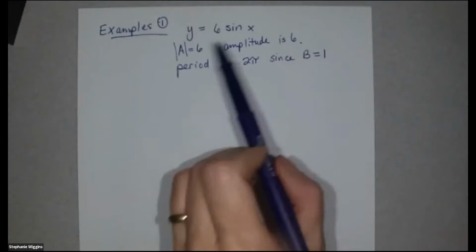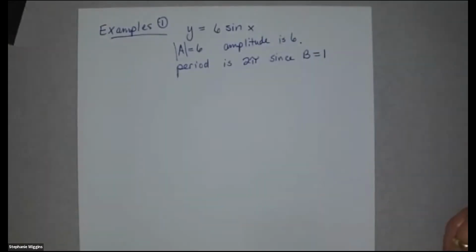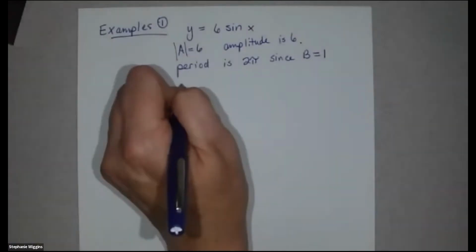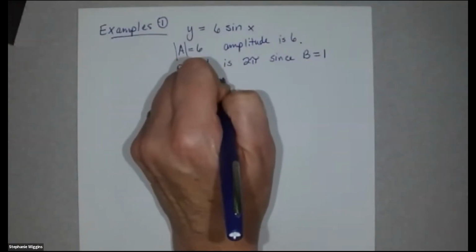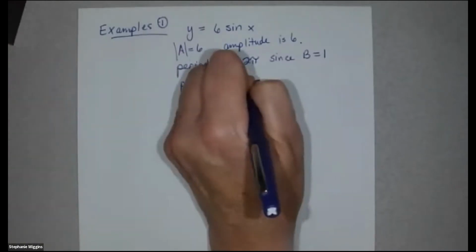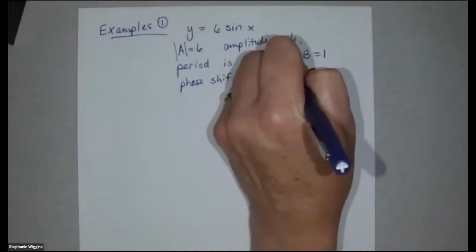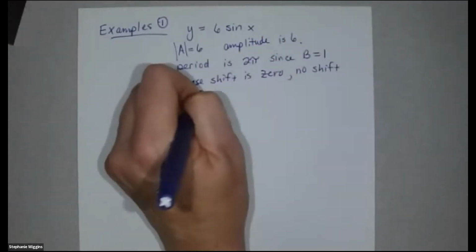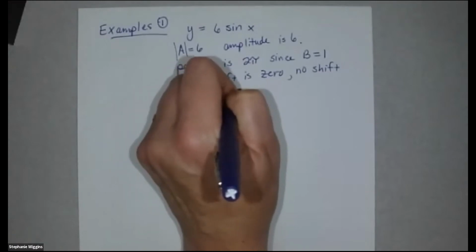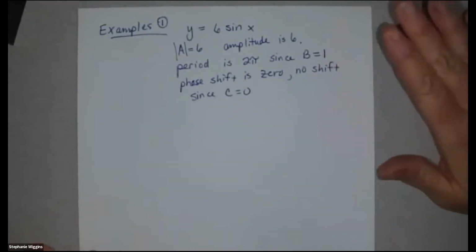We haven't changed the period because we haven't multiplied a constant there. And the phase shift is 0. There is no phase shift. In other words, no shift, since c equals 0.